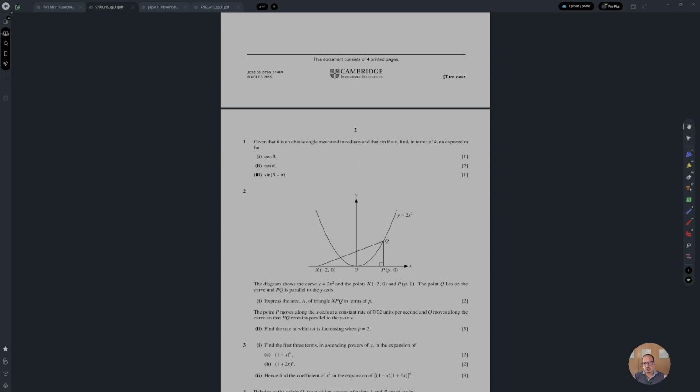But this is only true if the angle is an acute angle, because these two formulas are derived from the right triangle that is formed in the unit circle, the trigonometric circle. So if you have an obtuse angle, you won't have that acute angle from which these formulas stem.